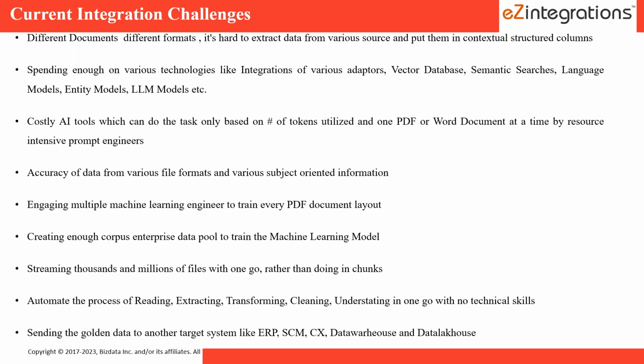Typical developers put the whole set of PDF files or Word documents into a centralized location, use text embedding models, and create vectors out of it. Then you have to store those vectors in a vector database.